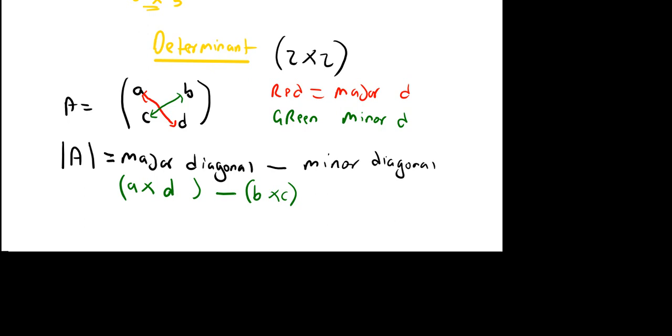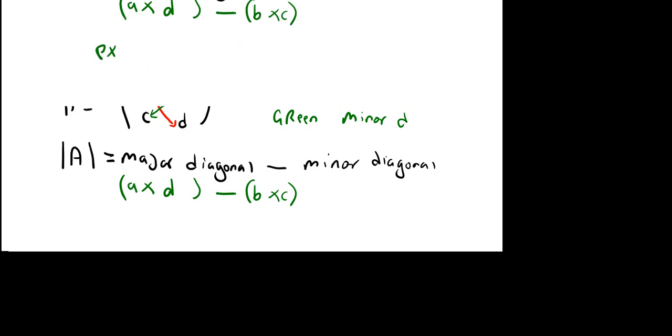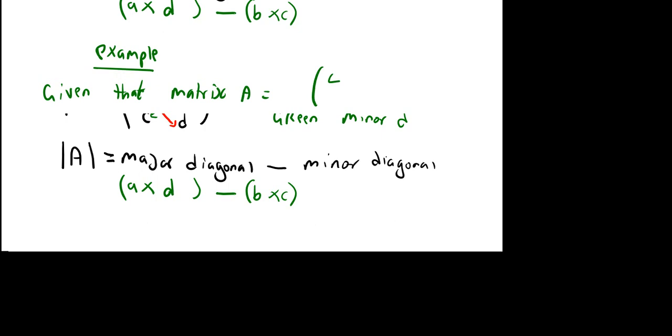Let's give an example that has numbers. Given that matrix A is equal to, open brackets, 4, 5, 1, 1, close brackets.